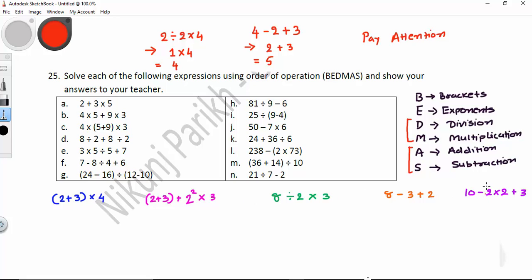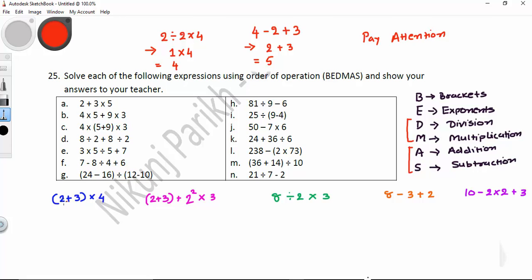And in this process, we will learn how to give priorities from brackets to the subtraction operations. So let us solve this first one. 2 plus 3 within the bracket times 4. Now we can see that there is a pair of brackets here. So as per BEDMAS, we have to first solve the brackets.